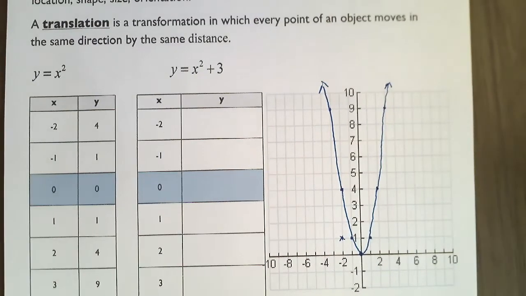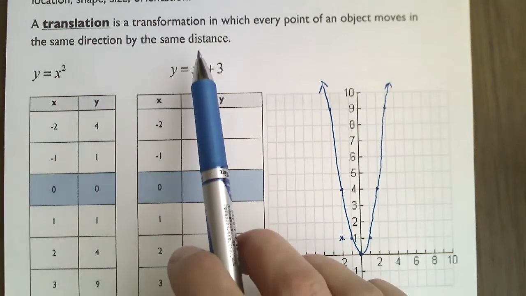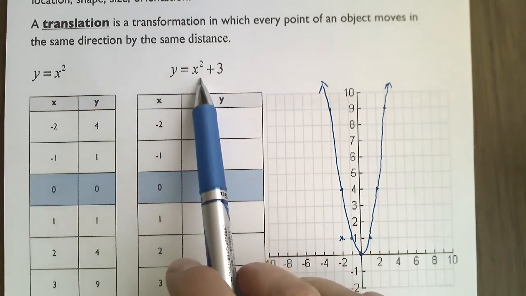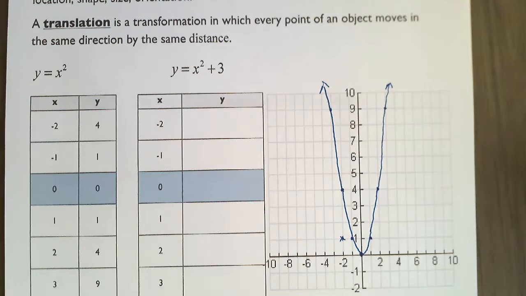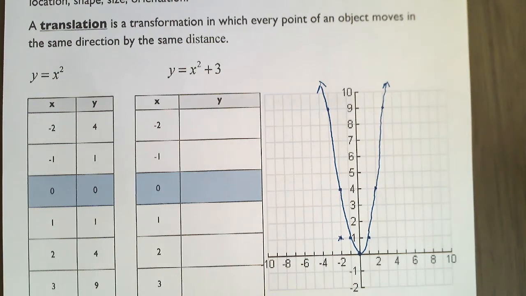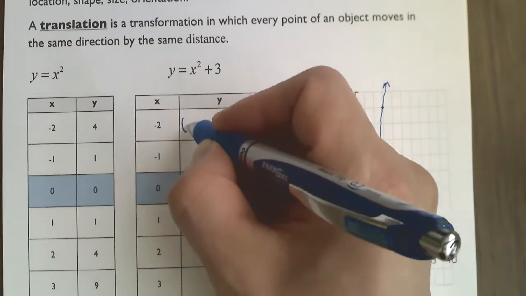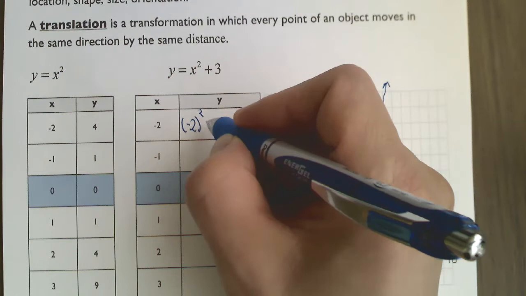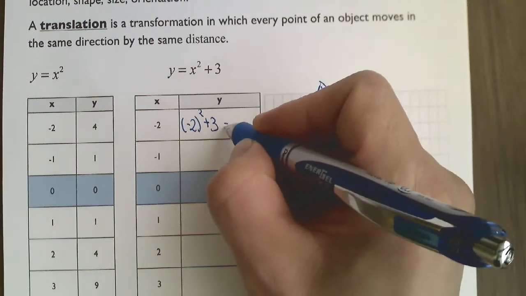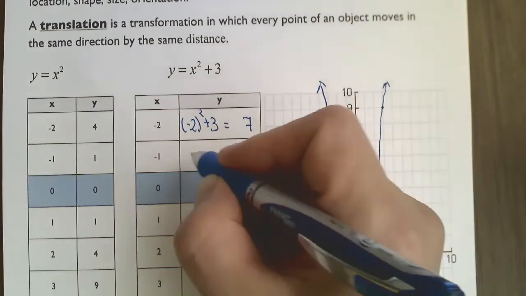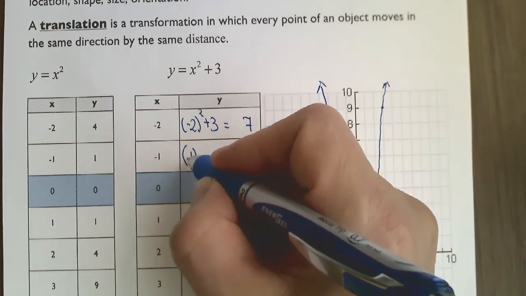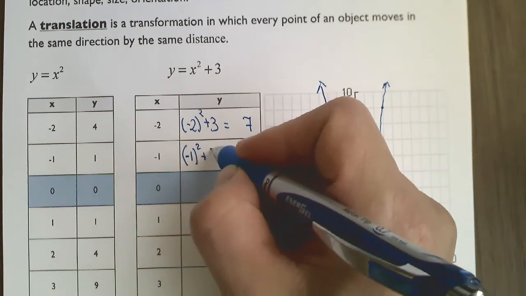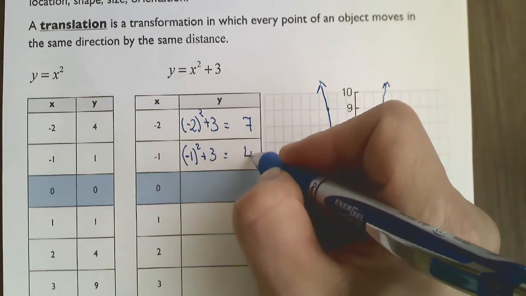All right, now I'm going to try to plot a quadratic function with this equation. So y equals x squared plus 3. I will fill out the table first. It's going to be -2 squared plus 3 gives me 7. -1 squared plus 3 gives me 4.